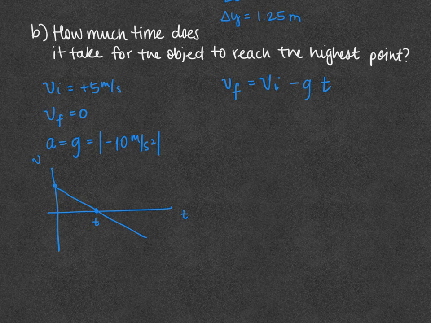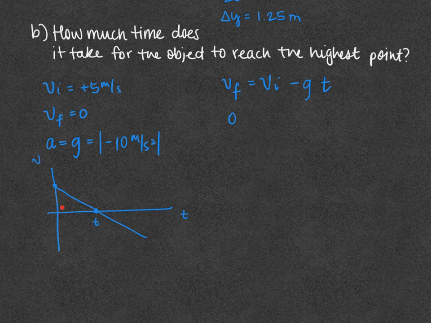Remember, the slope is that negative 10 meters per second squared. So then our final velocity, we're going to say 0 because we want to find the time when the velocity is 0. And so when the velocity is 0, that will be when it's at the highest point because remember, it stops and turns around and comes back down.